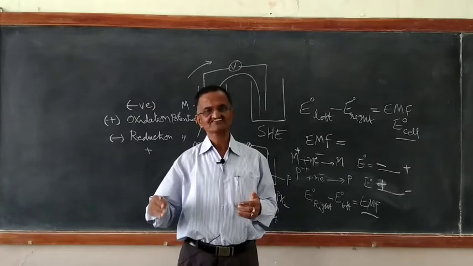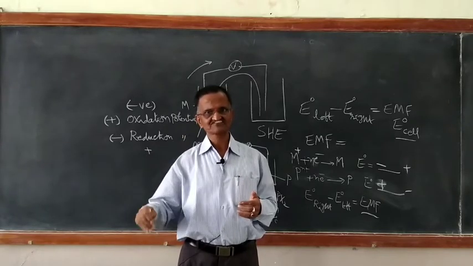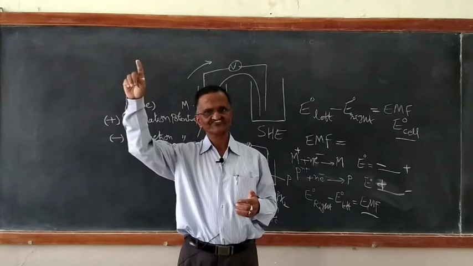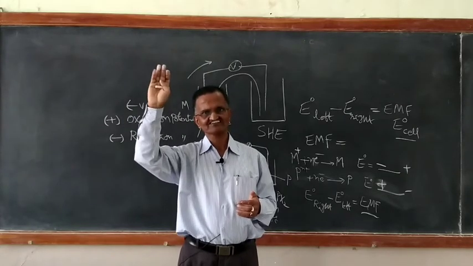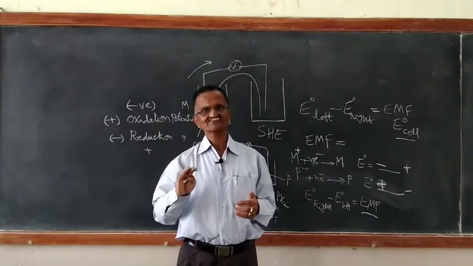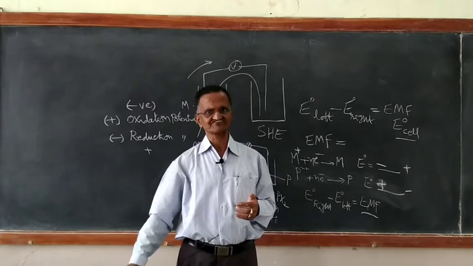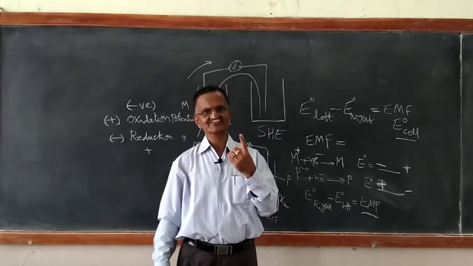That means its electropositive character is least. The first one is ready to undergo oxidation with a high value, that is the first metal or non-metal, whatever it is. The last element that I am going to have is least electropositive. And if I arrange all these, I have a series. What is that series?